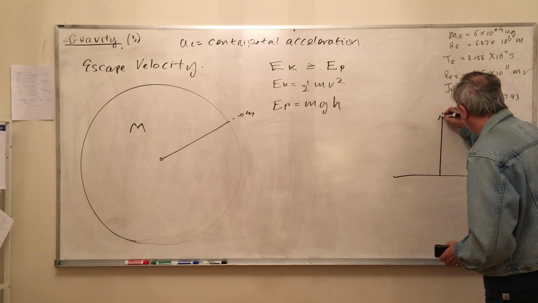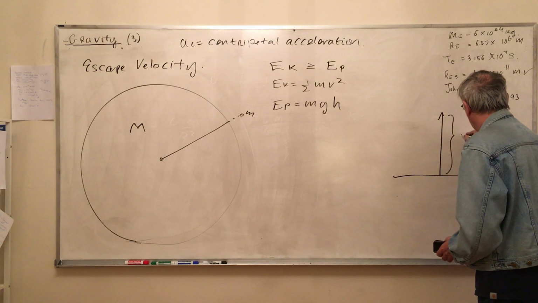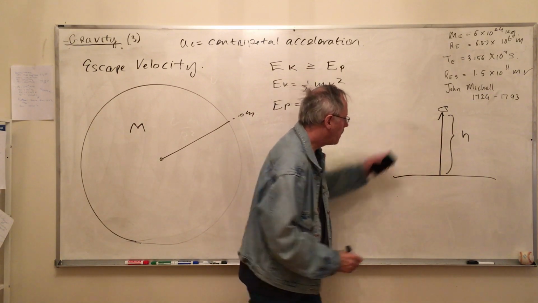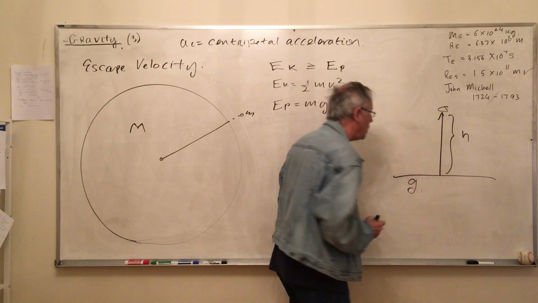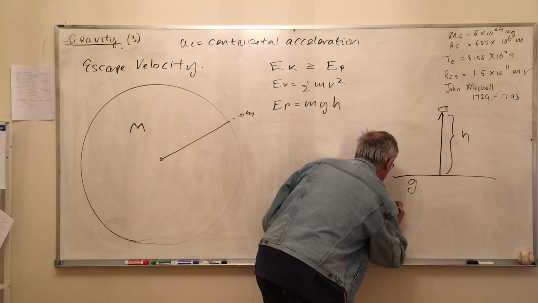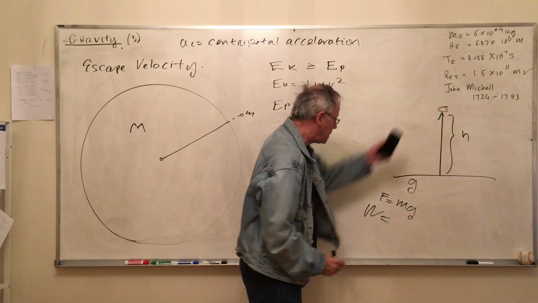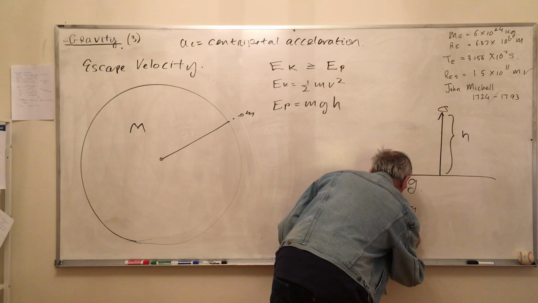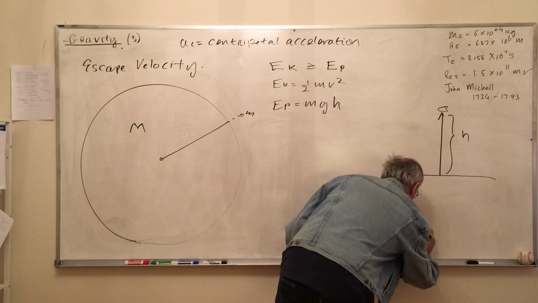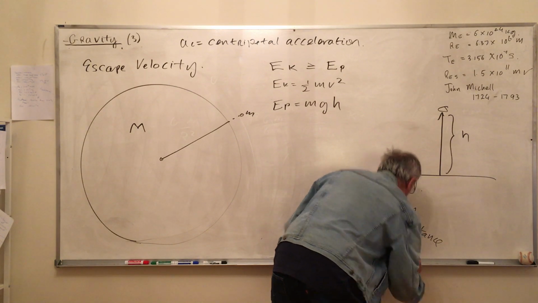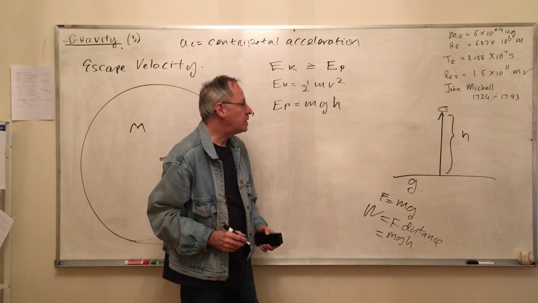If we take an object of mass m and lift it from here to here, if the acceleration due to gravity is g, the force is mg, and the work done lifting the mass is force times distance. But mg is the force and h is the distance.